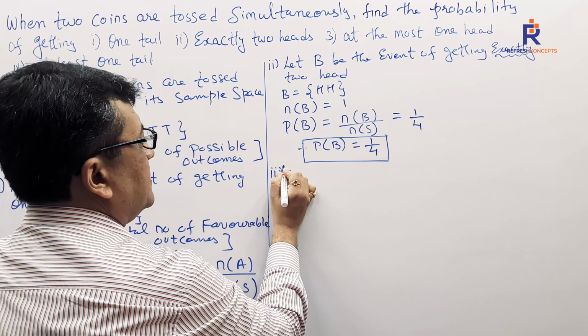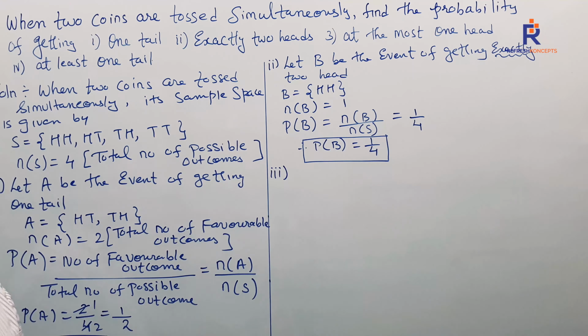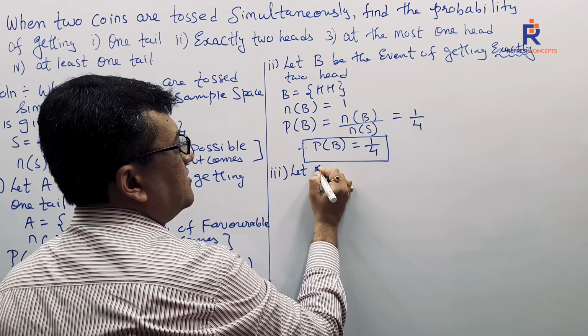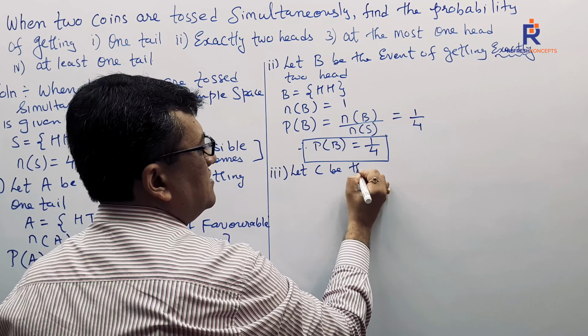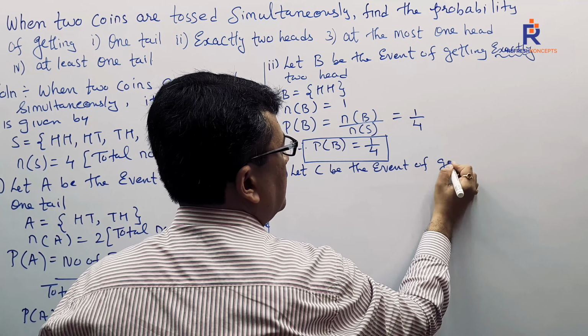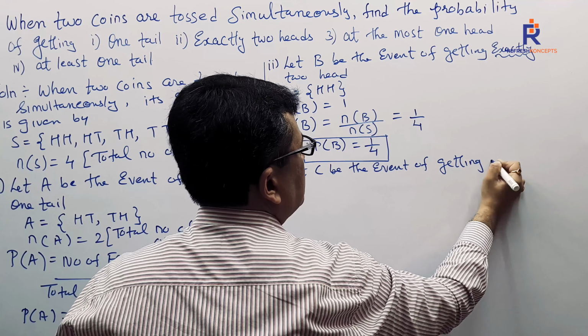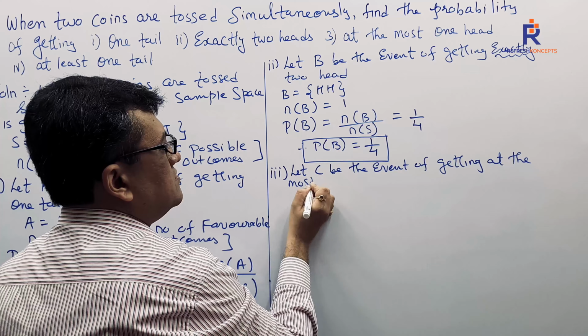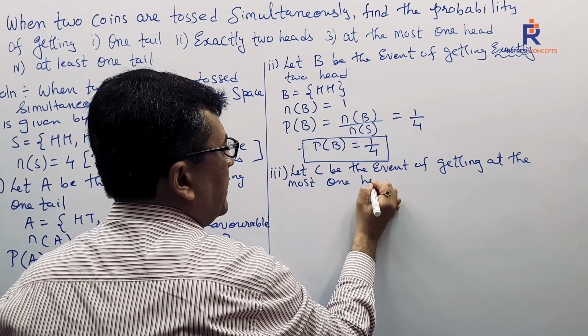Let's proceed further. What is the third one trying to say? The third one says, at the most 1 head. So let C be the event of getting at the most 1 head.